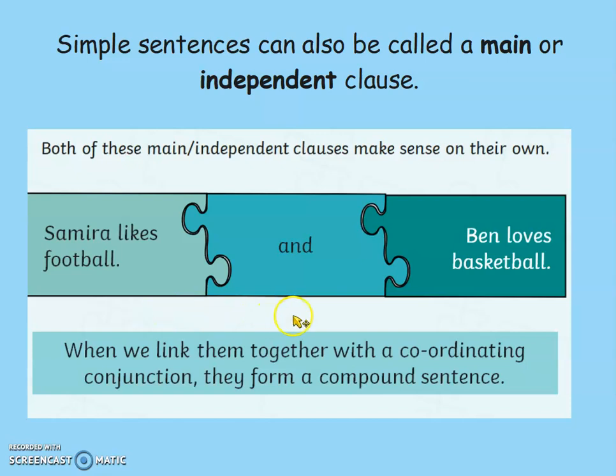But we could link them together using a coordinating conjunction to form a compound sentence. You can see here that we've got Samira likes football, and is our coordinating conjunction, and then Ben loves basketball is another main clause. We use compound sentences in our writing to try and make it more varied.